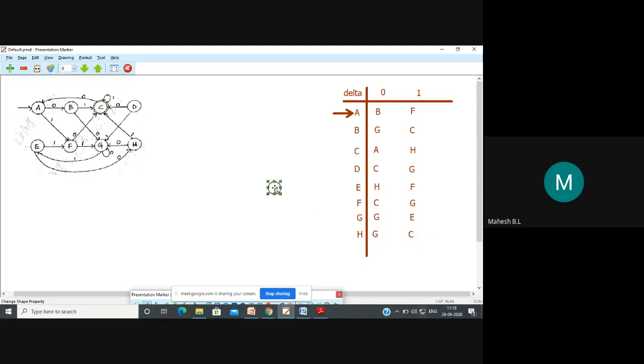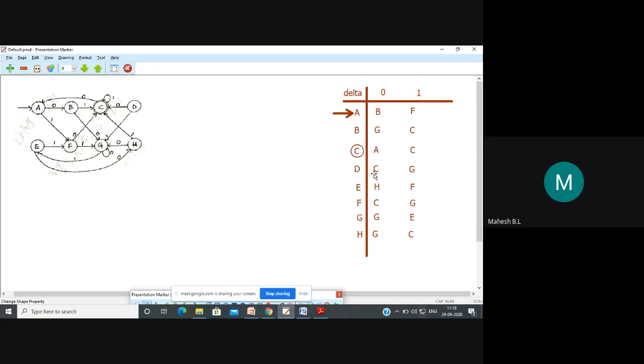Then C is the accepting state. Let's verify once. A on 0 is B, on 1 is F. B on 0 is G, on 1 is C. C on 0 is A, and C on 1 is C itself, a self loop. That was a mistake earlier.